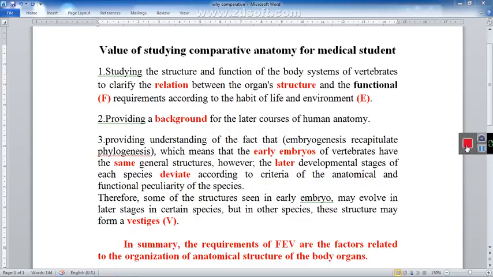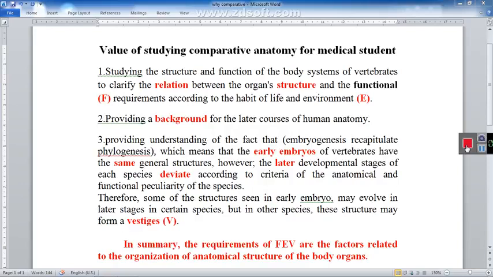This functional requirement for that species of vertebrates occurs because that vertebrate is living in a certain environment, for example in air or in water, and that vertebrate has certain habits of life and therefore has functions to be done, and therefore the organ of the body is structured according to the need of function.